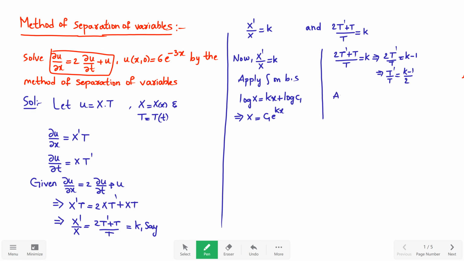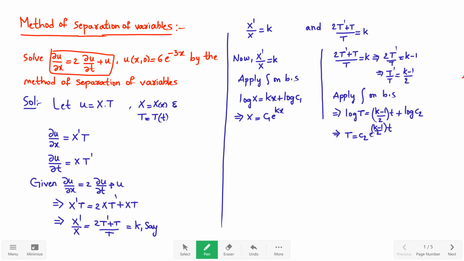Now to solve this differential equation, if we apply integration on both sides, then we get log T = ((k - 1)/2) t + log c2. That is, we can write this in the simplified form as T = c2 e^(((k - 1)/2) t).